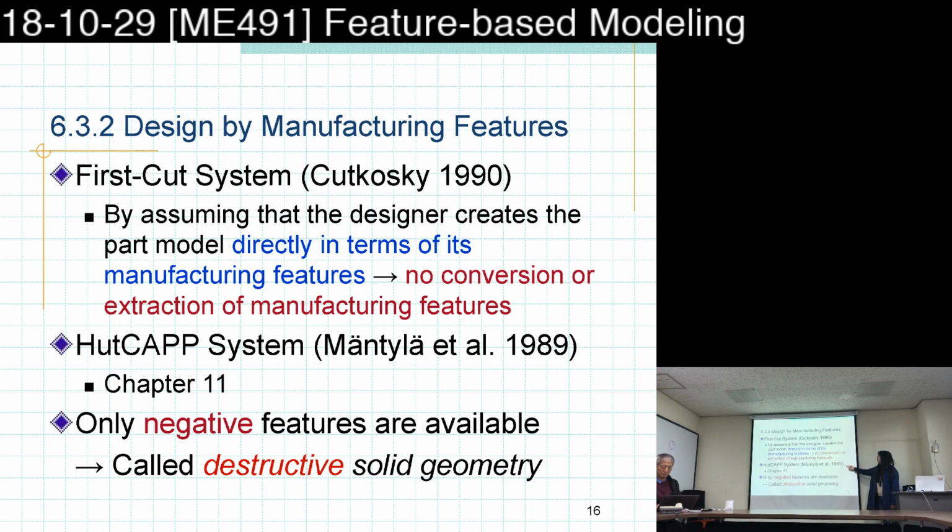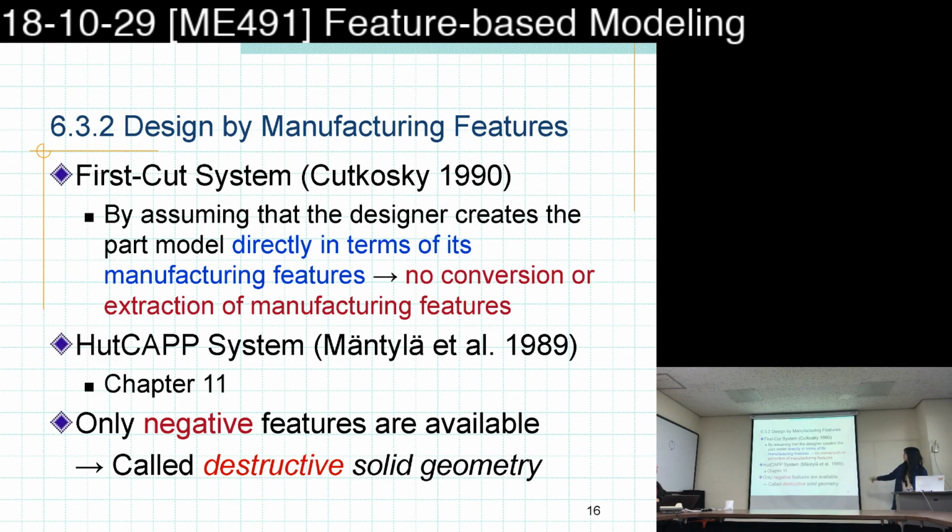In the CAP system developed by Mantira, it provides some solution. In this system, it can change the specification of a feature, but it cannot judge whether the feature is changeable. This system is described in detail in chapter 11.